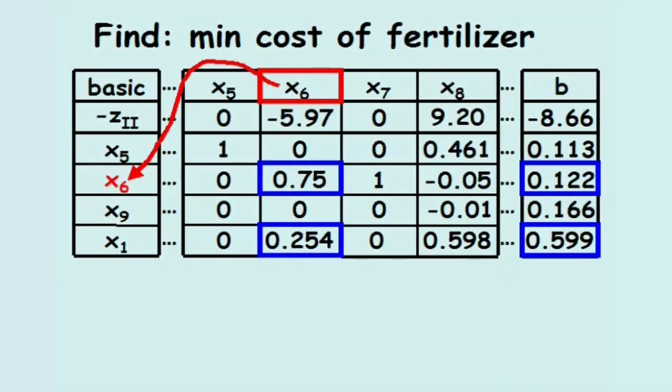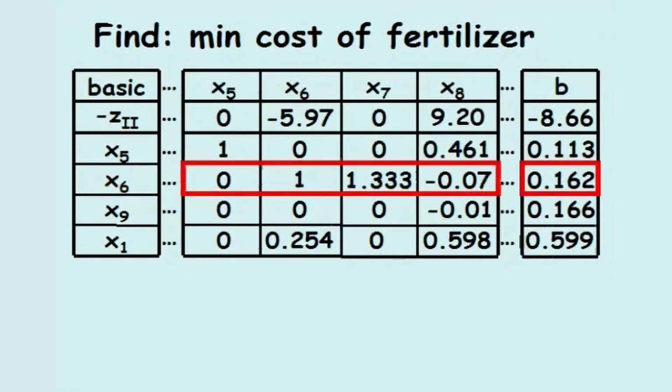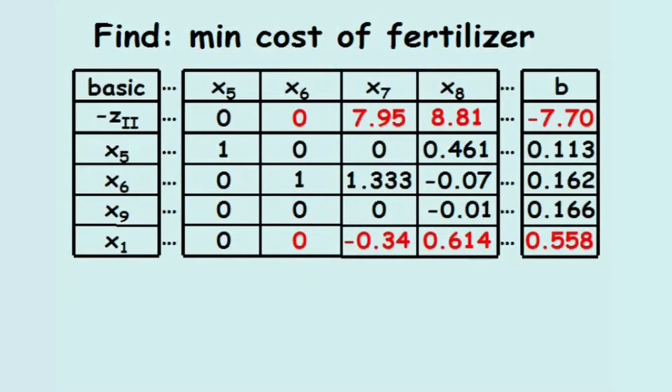Pivoting about x6 involves dividing row x6 by 0.75, then adding 5.97 times row x6 to row z2, and subtracting 0.254 times row x6 from row x1. After substituting in x6 into the mixture for x7, the cost per cubic yard of fertilizer mix dropped from $8.66 to $7.70.